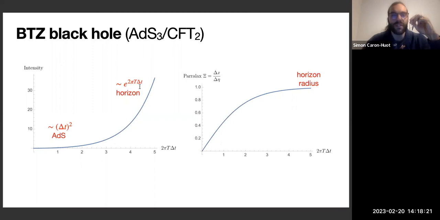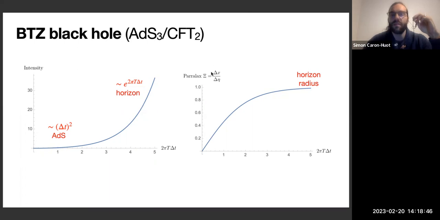Near the causal horizon. At early times, the intensity goes like time difference squared, and that's a signature of scale invariance. So you know that in this theory, in the UV, you're conformal, and then there's a horizon. This is what you get if you measure the intensity of a signal as a function of time separation.